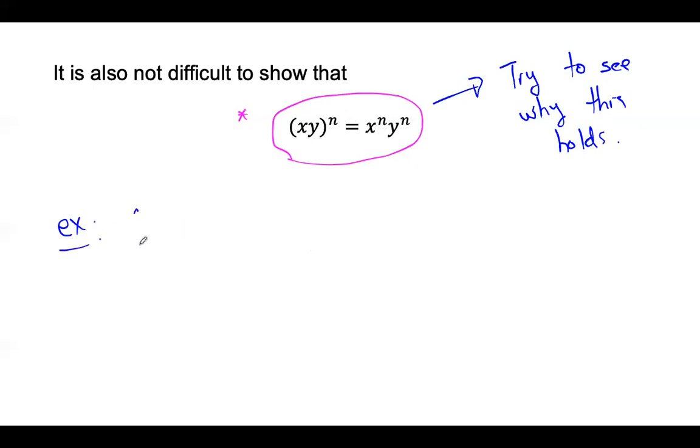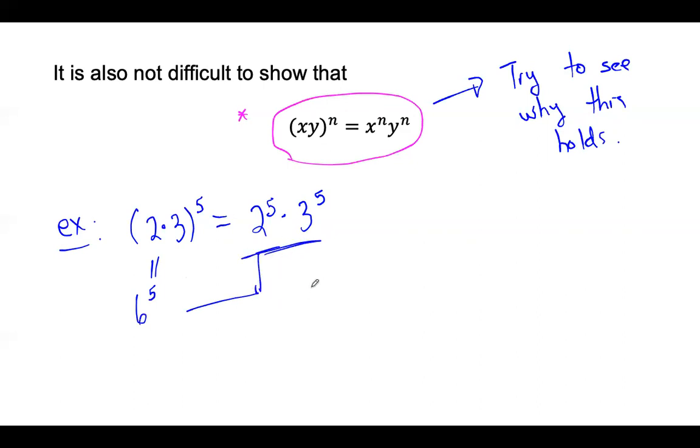And in an example of this, let's say you have 2 times 3 to the power 5. This is the same as distributing this 5 into everything. So this would be the same as 2 to the power 5 times 3 to the power 5. So this would be 6 to the power 5. And you can check that they're the same thing as this. So I'll say just check that they are equal.